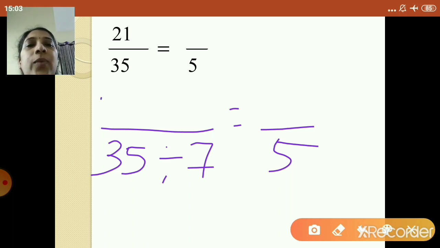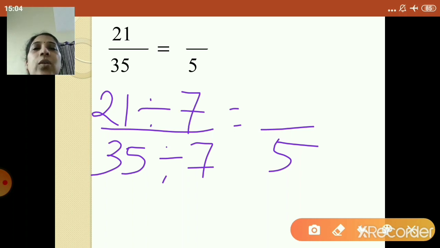So again 21 is your numerator. You will divide it by 7. So when you divide 21 by 7, what answer do you get? 7 threes are 21. So your answer is 3 upon 5. So 21 upon 35 is equal to 3 upon 5.